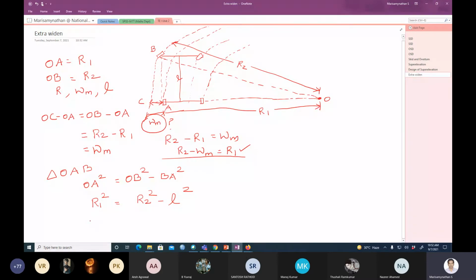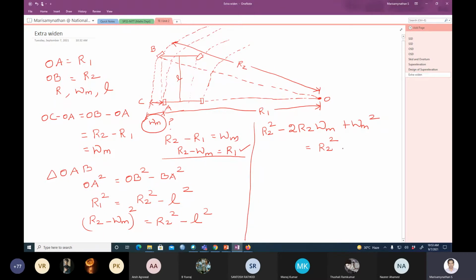So R1 squared is R2 minus Wm, the whole squared, equal to R2 squared minus L squared. Expanding (A minus B) squared, we get R2 squared minus 2 into R2 into Wm plus Wm squared equal to R2 squared minus L squared.